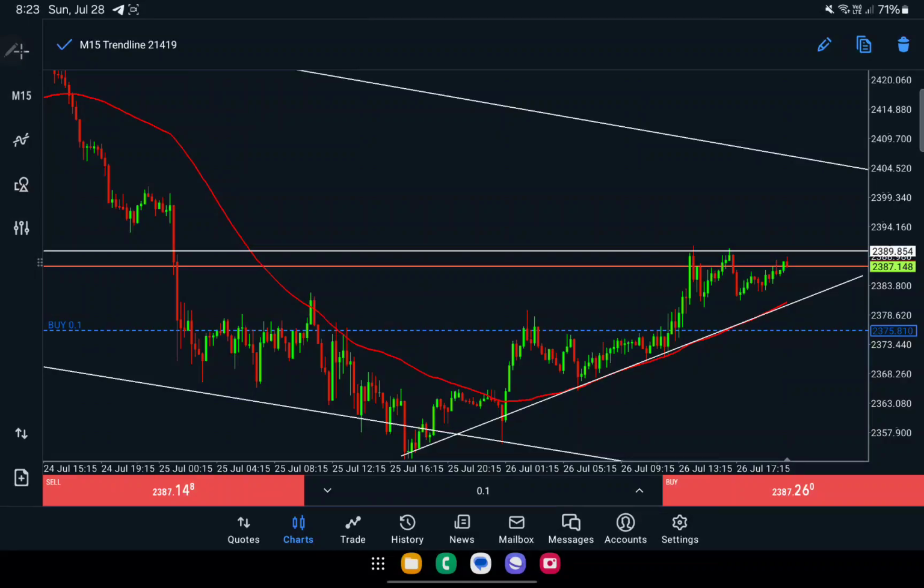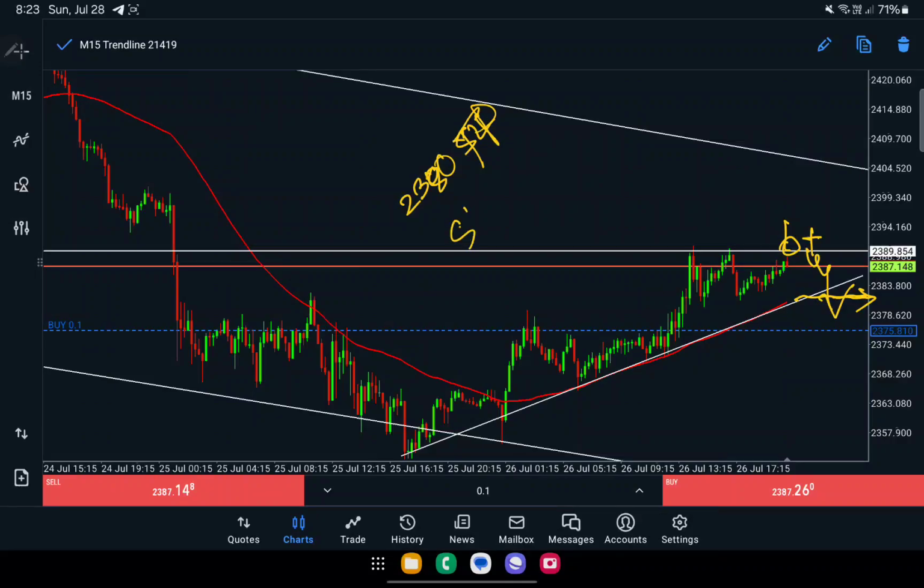And another scenario can happen: there is a hammer or pin bar confirmation to go sell. So we will take our SL around 2388, and TP should be around 2380. Sorry, this one is our TP.